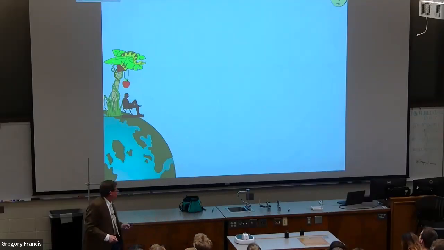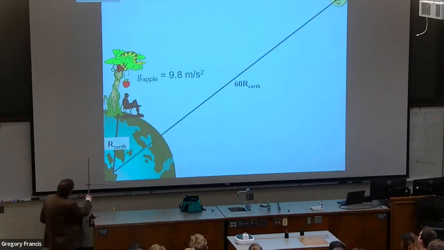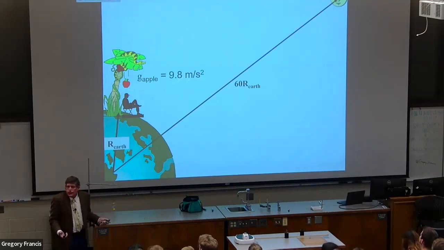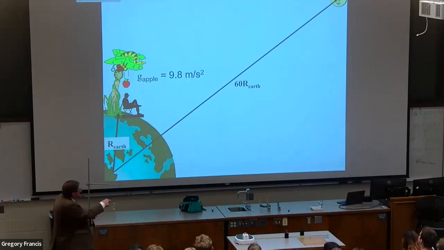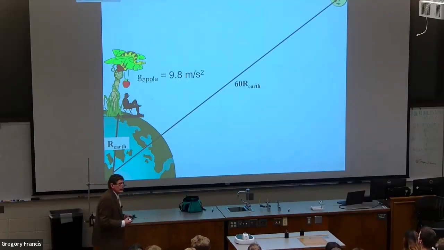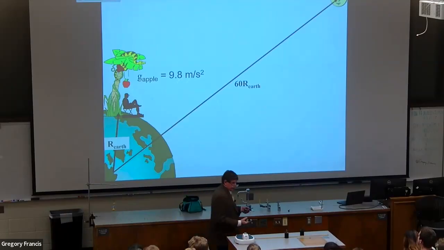He also knew that the acceleration of the apple was 9.8 meters per second squared, like we know. But he was able to calculate the acceleration of the moon using a formula that Galileo had given him.